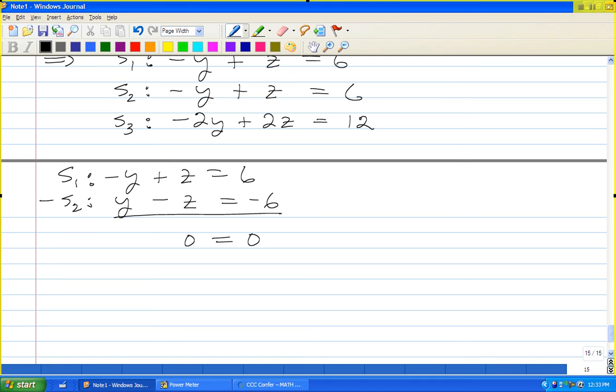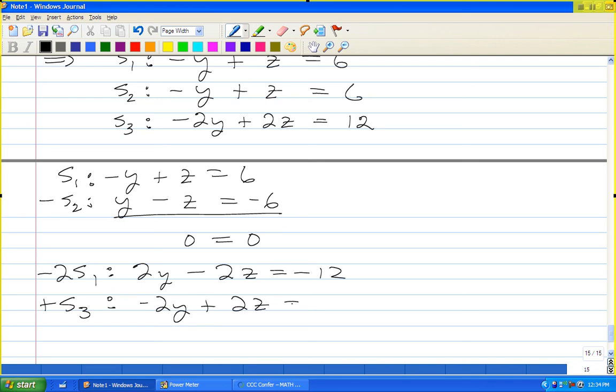Then let's look at negative 2 S1, which is 2y minus 2z equals negative 12. Look at S3, add that, which is negative 2y plus 2z equals 12. Again, I get 0 equals 0.